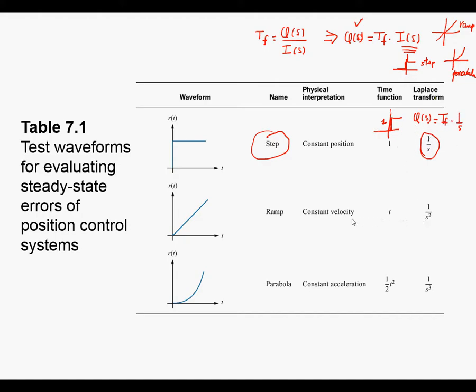In the other case, if you put a ramp here, you have a constant velocity, and the function would be t of time, and the Laplace transform of this will be 1 over s squared.